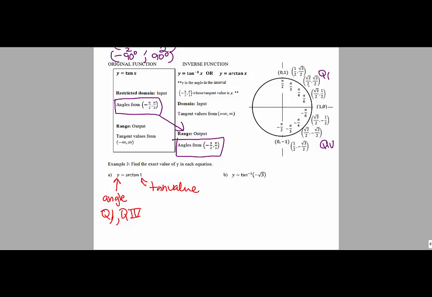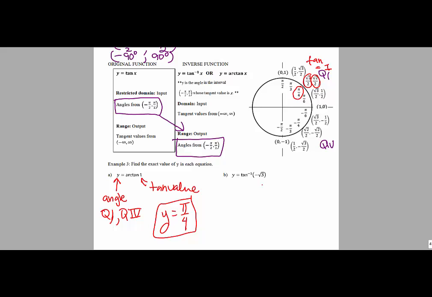If we recall, we have a positive 1, so the answer has to come from quadrant 1. To find tangent, we divide y divided by x, and any number divided by itself would be 1. So this would end up with a tangent value of 1, and that angle would be that pi over 4 family. So the angle that we're looking for would be pi over 4.